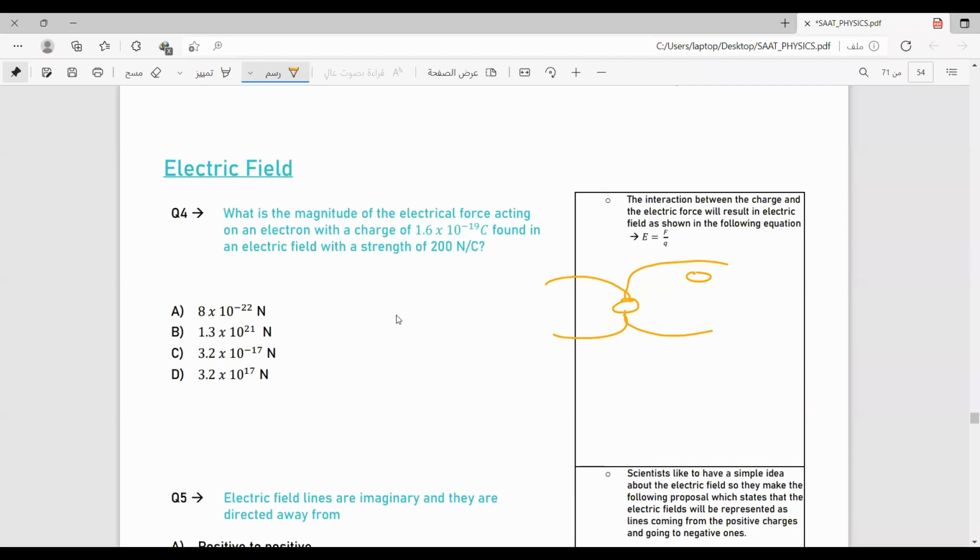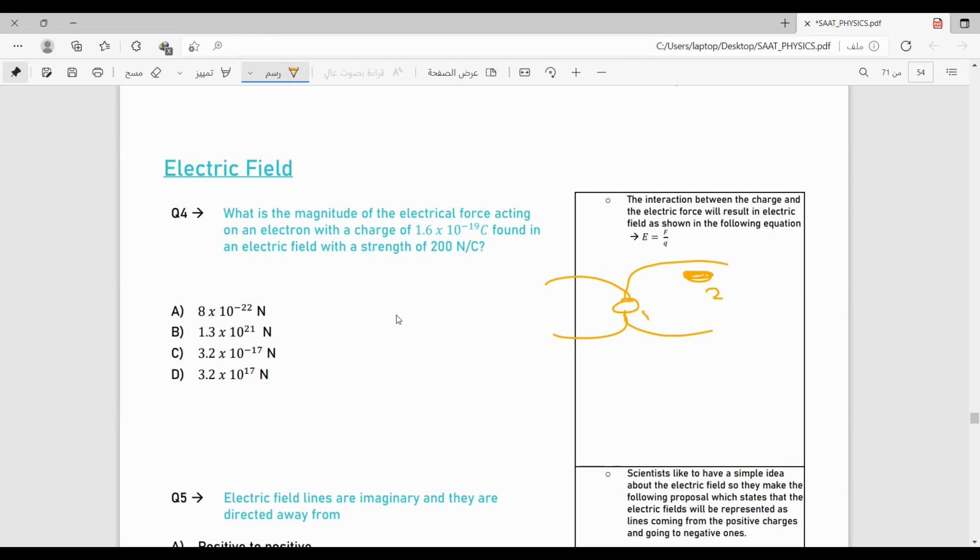So this charge will be affected by charge number 1, and this charge number 2, for example. This charge also has an electric field, so they will affect each other whenever they are in the electric field of each other. But if we separate them by a long distance so that they are not located in the electric field, there will be no force acting between them, no interaction.